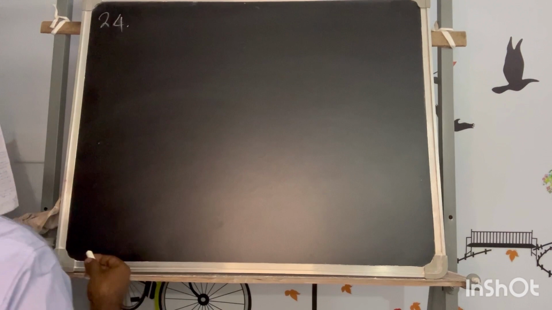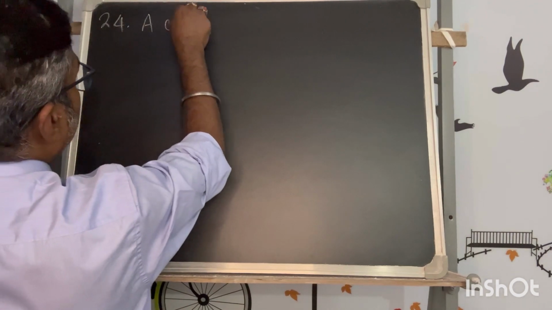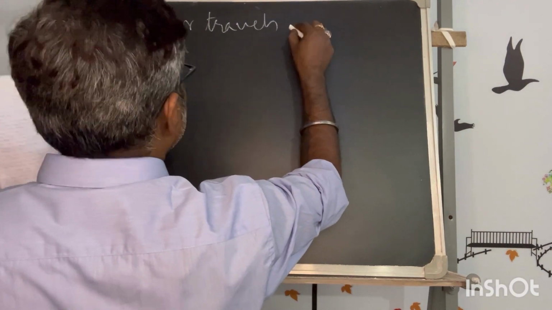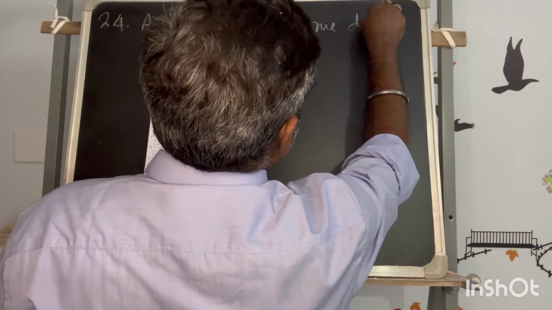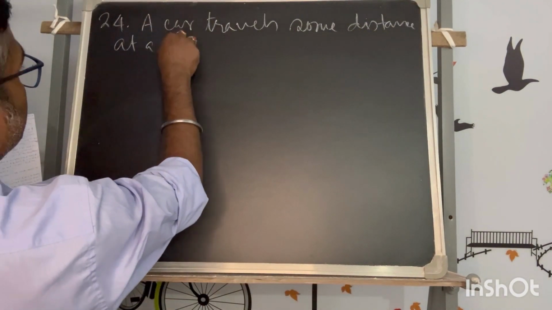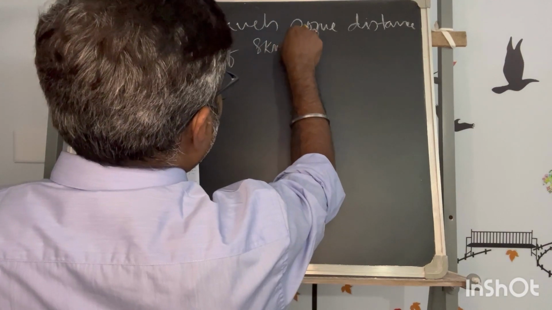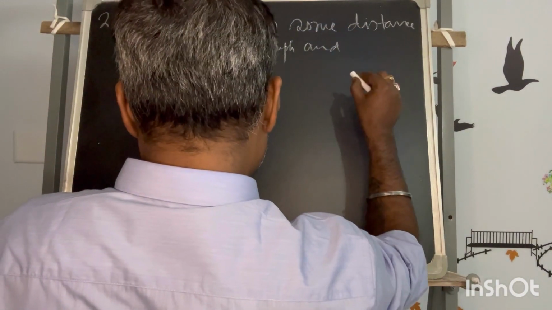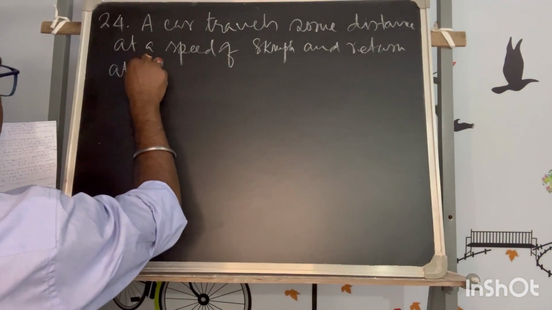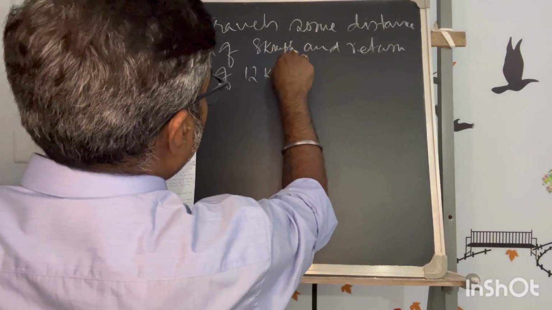Number 24 says a car travels some distance at a speed of 8 kilometer per hour and returns at a speed of 12 kilometer per hour.